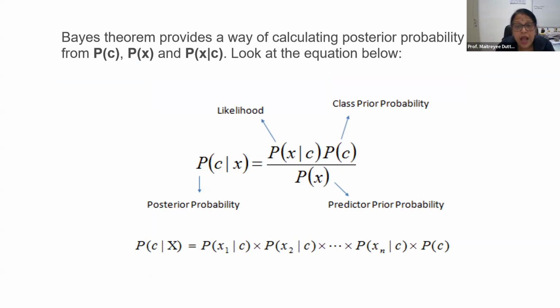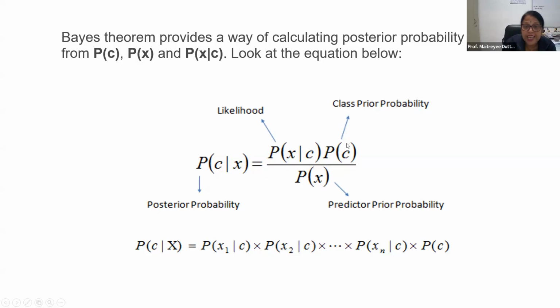Clear? How to find out? You have to find out P of C given X. That means probability of the input corresponding to that class, P of X given C, into P of that class, divided by P of that input. Now, what is our class? P of yes.